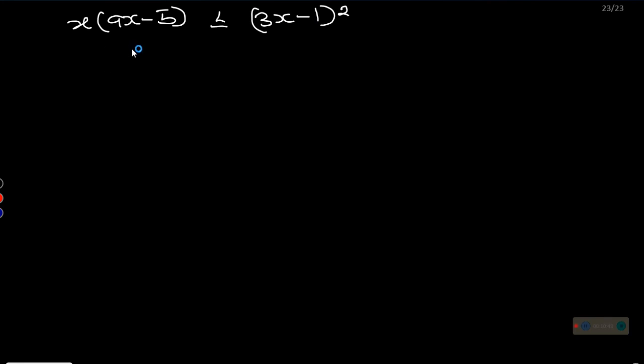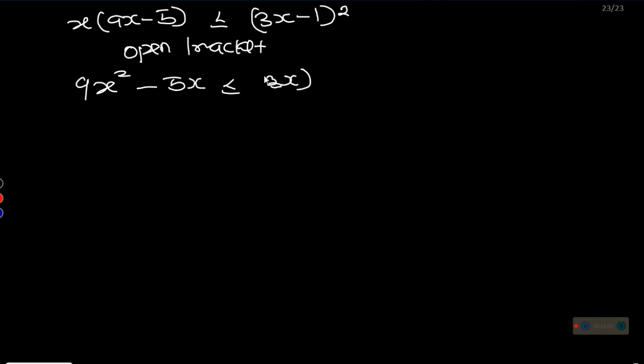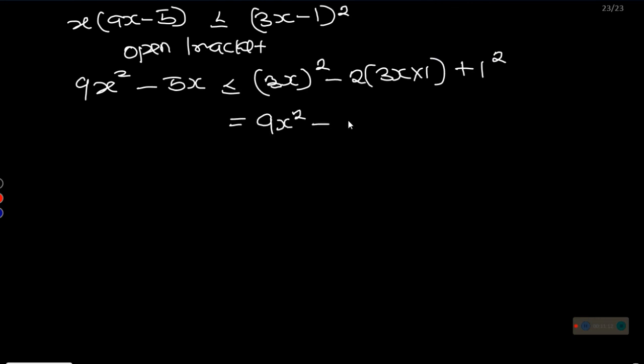So solving this, we open the bracket. We have 9x squared minus 5x less than or equal to (3x) all squared minus 2 into 3x times 1 plus 1 squared. Okay, and this can give us 9x squared minus 6x plus 1.